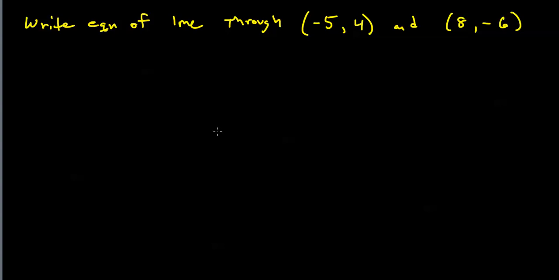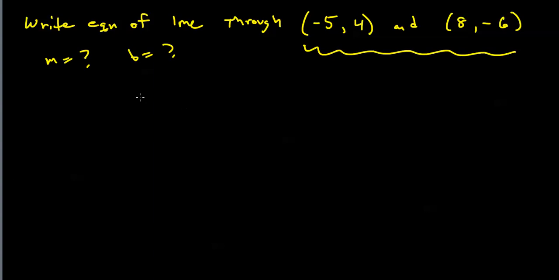Alright, now this one's quite a bit different from the first ones we've done. We are not given the slope, and we are not given the y-intercept. What are we going to do? Well, of course, you can always compute the slope of a non-vertical line given 2 points or coordinates of 2 points on the line.